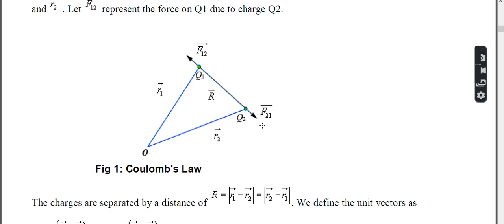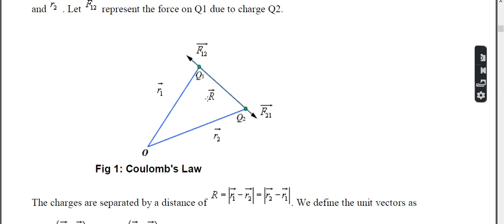These are the position vectors from the origin O. This point charge is at a distance of r1 from the origin, and similarly this is at r2. These are the position vectors, and the distance between Q1 and Q2 is given by the resultant vector r.